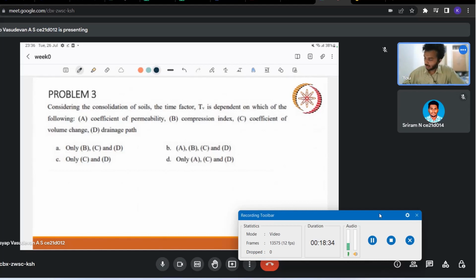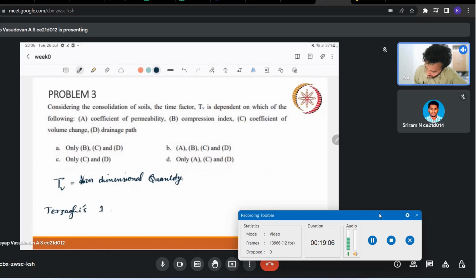Here we need to understand one thing. Time factor Tv is a non-dimensional quantity which we get after solving Terzaghi's 1D consolidation equation using the boundary conditions.